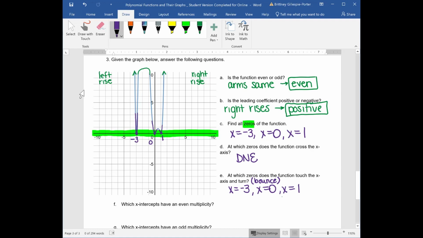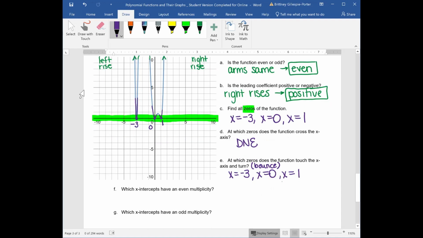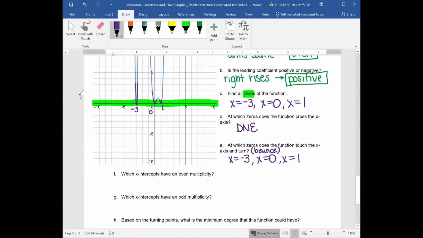Now that we have the behavior, let's see what we can figure out about their multiplicities. Even multiplicity, remember, means that you touch and turn at the zero. Remember, touch and turn is the same as bounce. And if you're odd, the graph crosses at the x-intercept, the root, the solution.